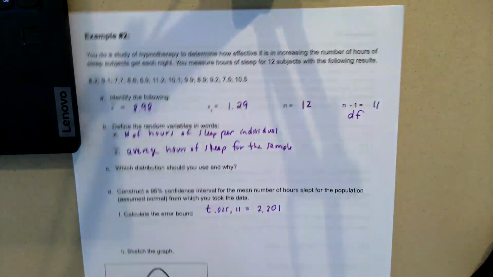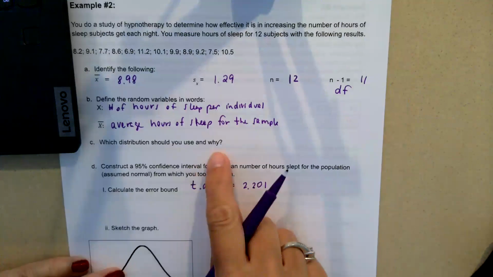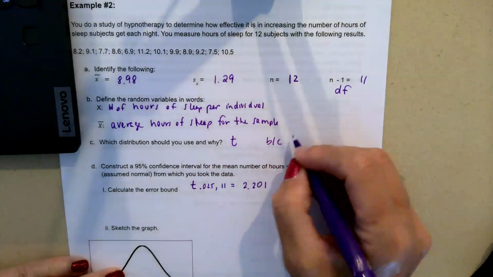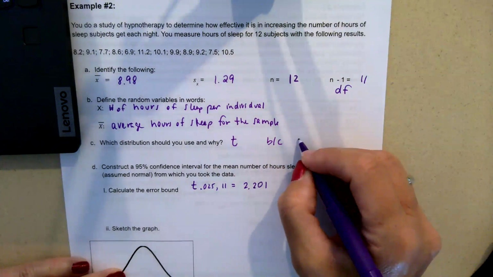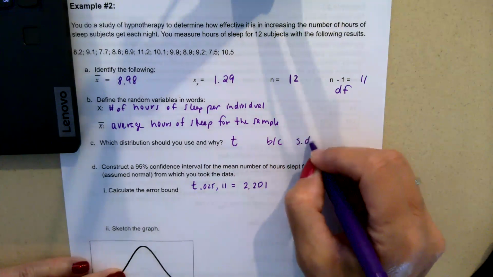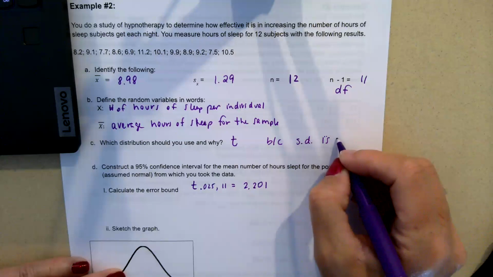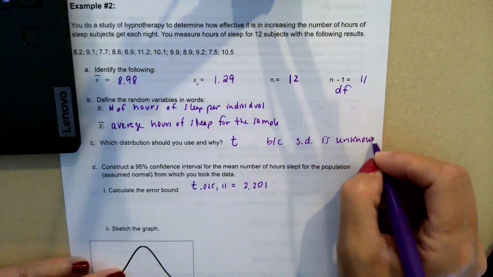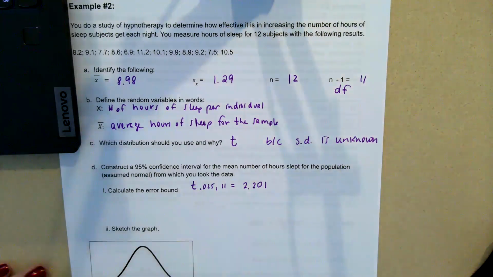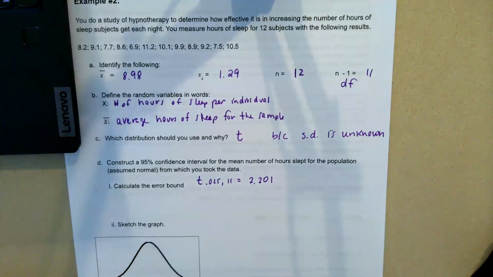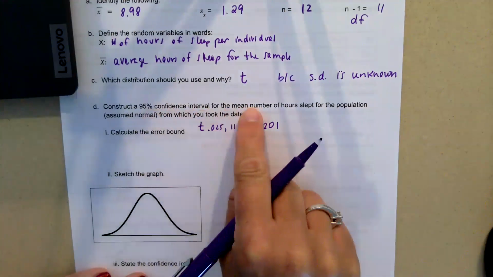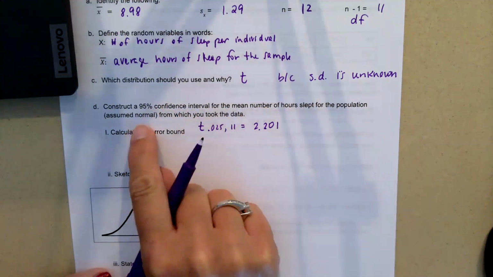It says which distribution should we use and why. We're using the T because standard deviation is unknown.